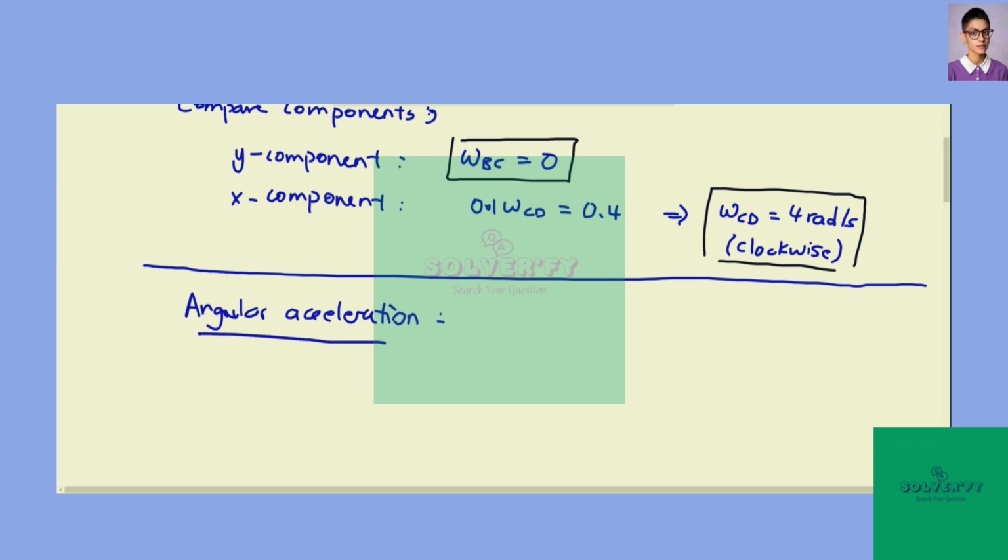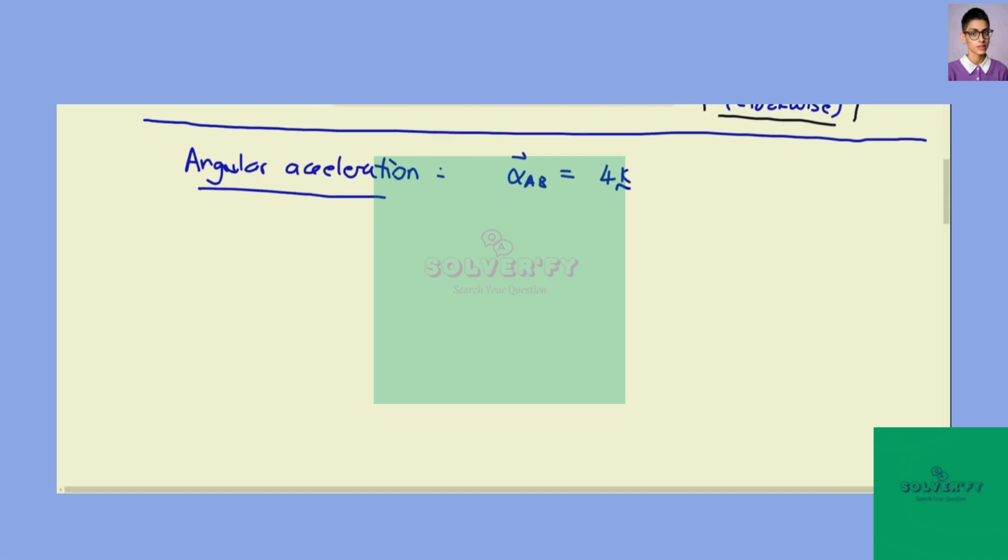We are given alpha AB is 4k, so we can find the acceleration of B. This is equal to alpha AB cross RAB minus omega AB squared RAB.